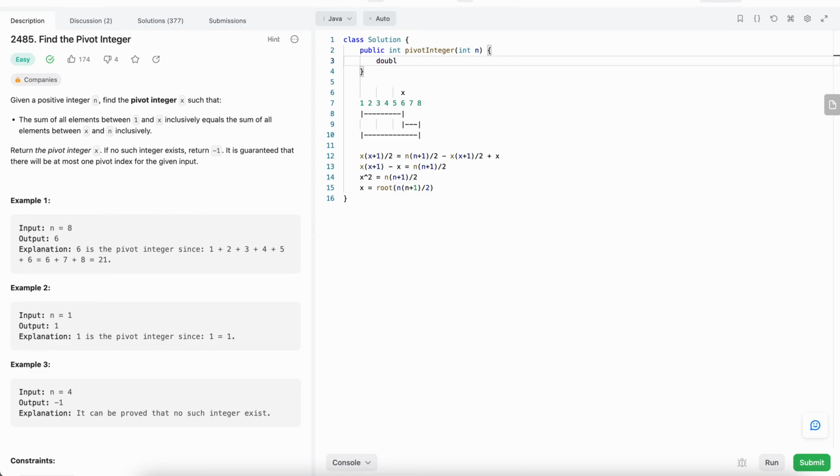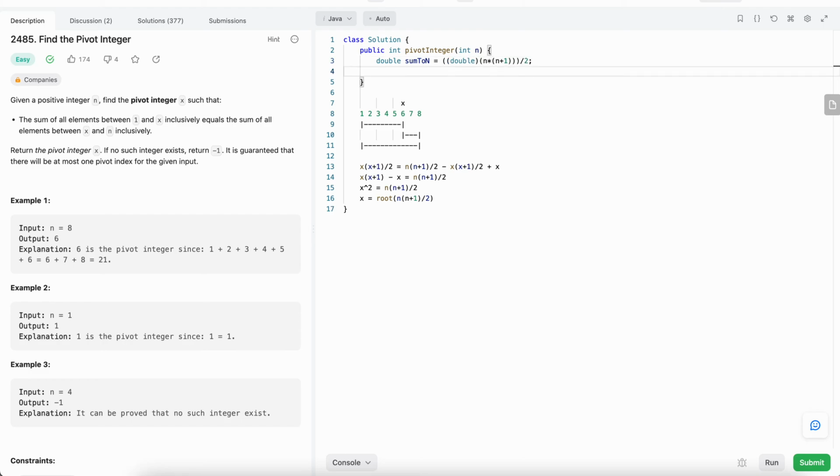So let's write the code. We'll convert it to a double because we need to divide it by 2. So we say double sumToN is equal to n times n plus 1 over 2. So that's this one.